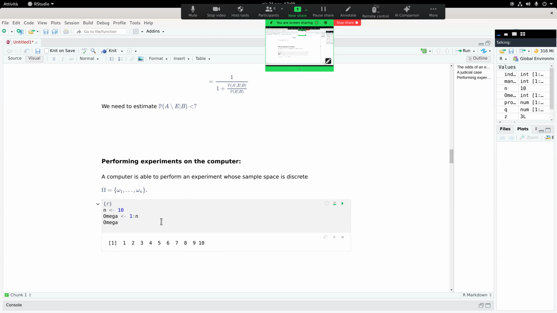Now, of course, it's able to perform an experiment whose sample space is discrete and for which the probabilities are p1 to pn.